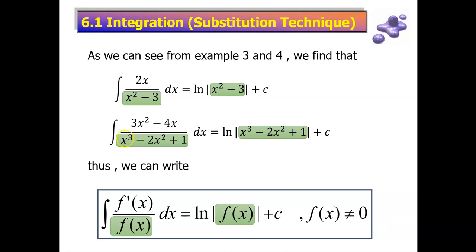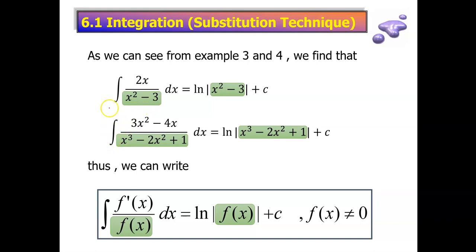Okay, now as we can see from example 3 and 4, the one with the pecahan, the fraction, we find that when you integrate this part, 2x over x squared minus 3 dx, you get ln of this thing. You get the ln of the denominator itself. Okay, dia akan dapat balik yang bawah ni.